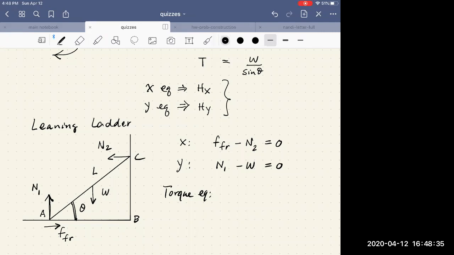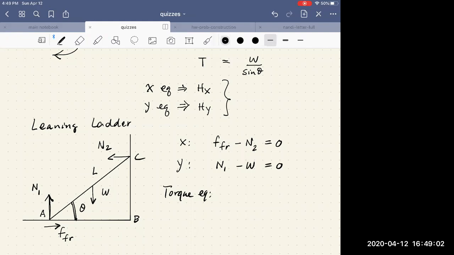Clearly, if you look at point A, you see the force F friction passes through point A, and hence F friction will not give us a torque. Likewise, N1 passes through point A. It won't give us a torque. So we can already eliminate two of the contributing torques from the problem if we select point A as the point about which you take torque.